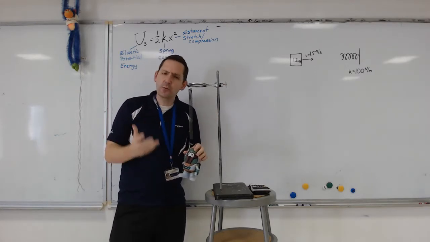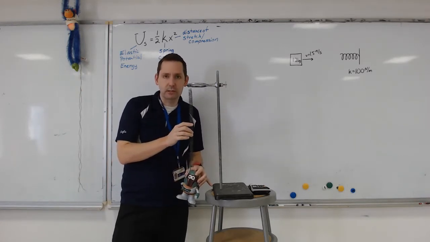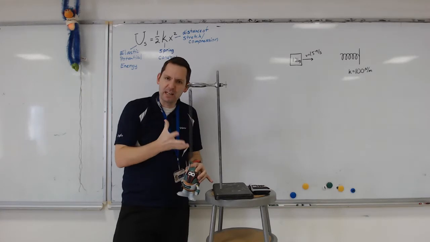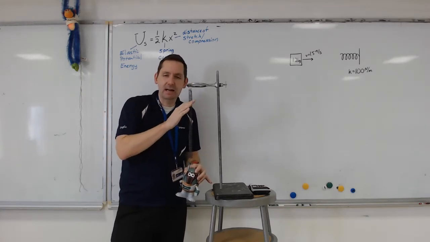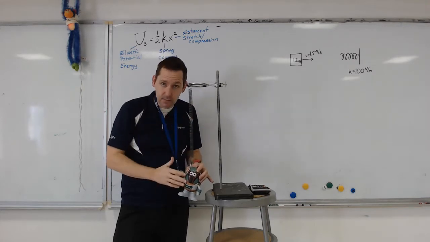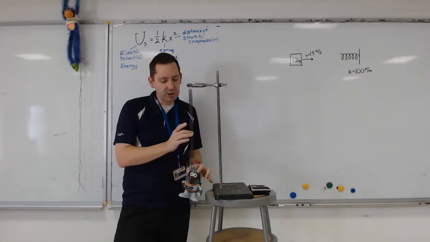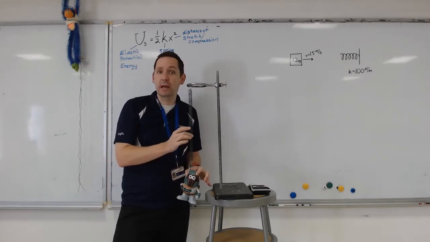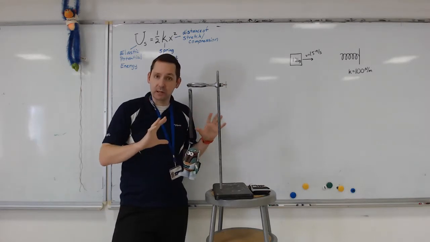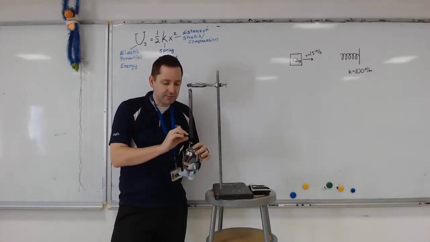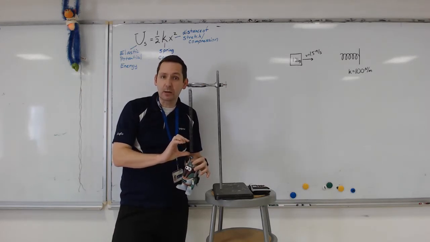But there's another way to look at this. When we have something that is stretched out or compressed and is trying to get back to where it was before, we say that it and the object as a system have what we call elastic potential energy. So there's some energy stored in the spring due to the fact that it's supposed to be here. This is its normal equilibrium. And because we've changed it from here down to there, we've increased that distance a little bit.